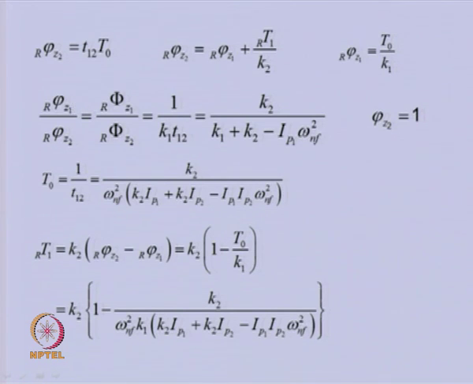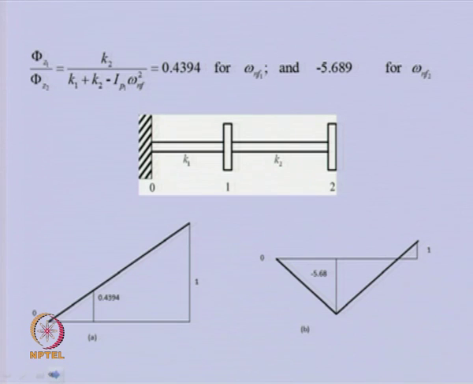So let us see for the 2 natural frequencies what values it takes. For the first natural frequency, this is the value, and for the second it is negative. So you can see that we have the mode shape corresponding to the first natural frequency. This is station 0 fixed, disk 1 location, this displacement, and if we take unit displacement at station 2, station 1 will have 0.4349 unit displacement.